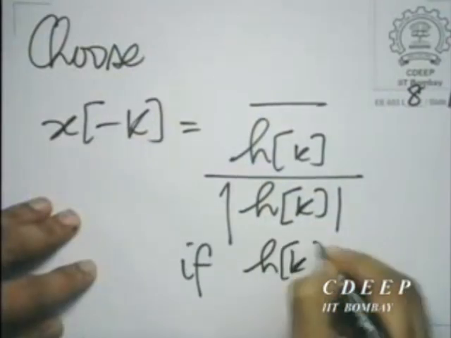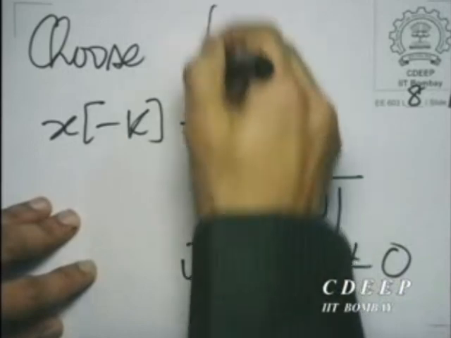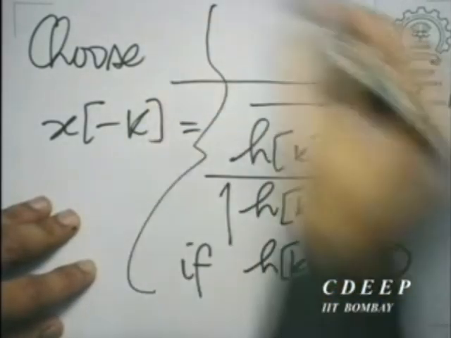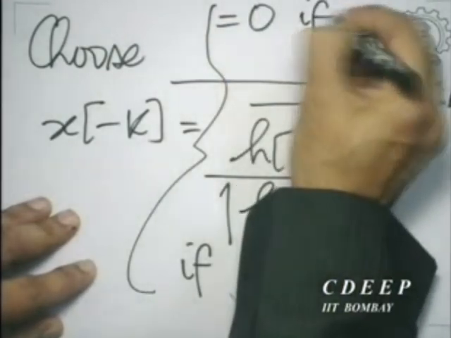Choose x[minus k] in the following way. x[minus k] is equal to the complex conjugate of h[k] divided by the modulus of h[k], if h[k] is not equal to 0, and it's equal to 0 if h[k] is equal to 0.